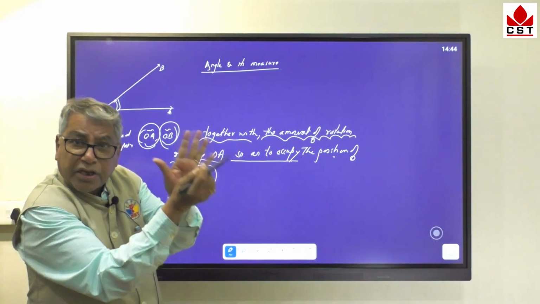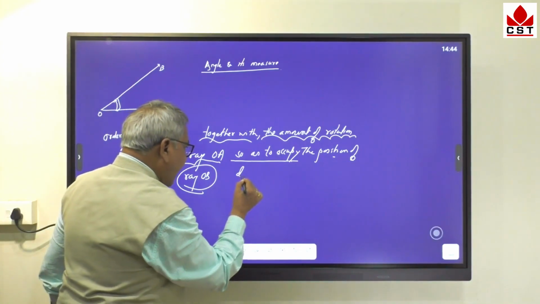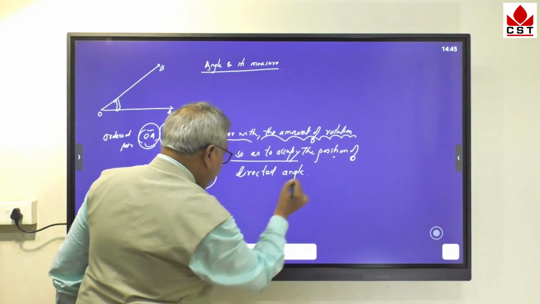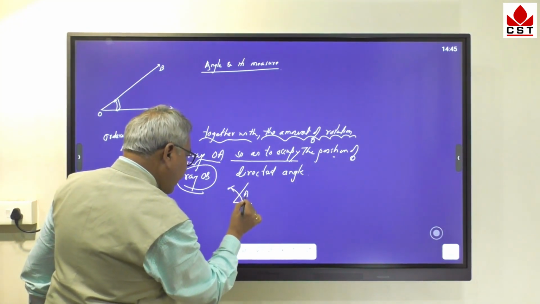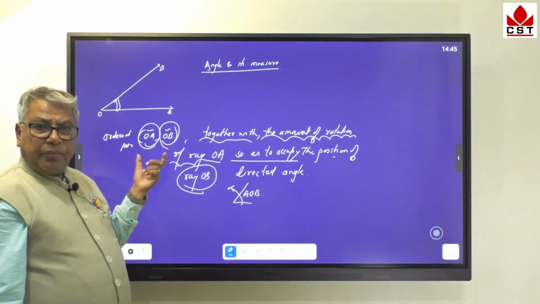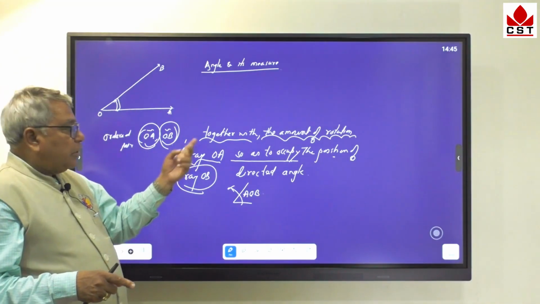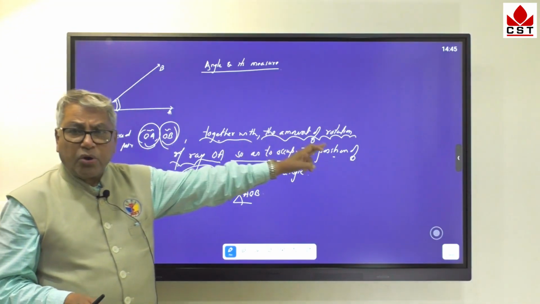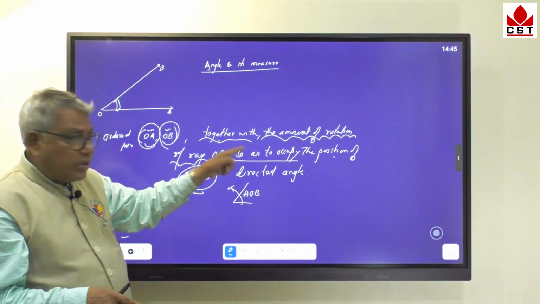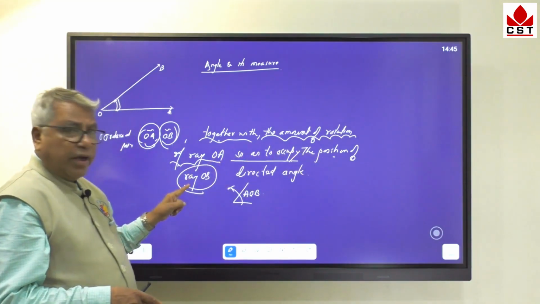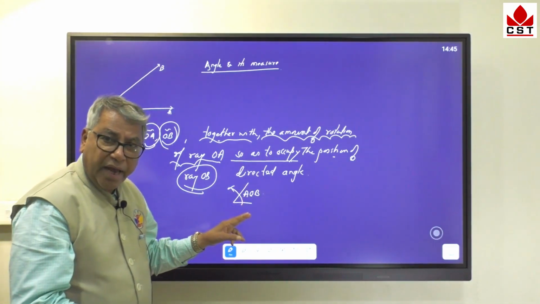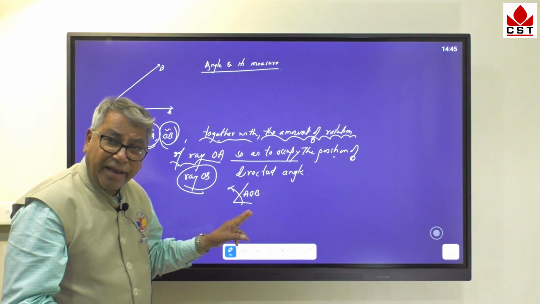That amount of rotation is called a directed angle, denoted as directed angle AOB.